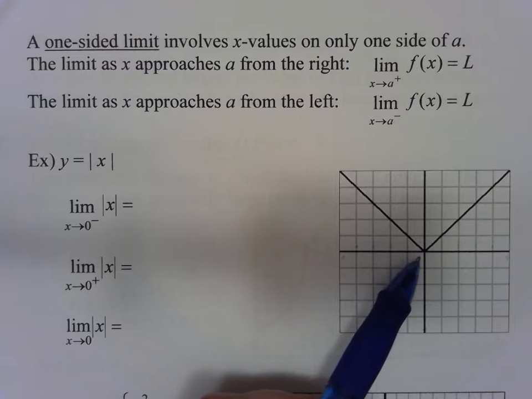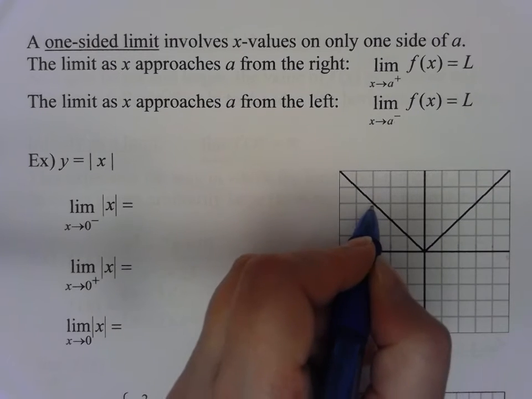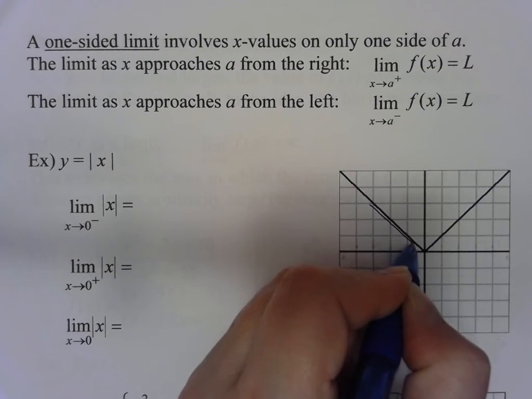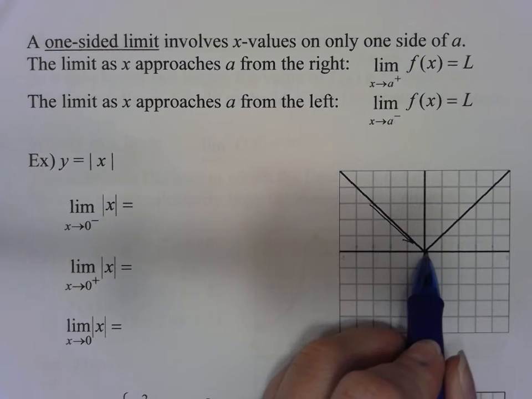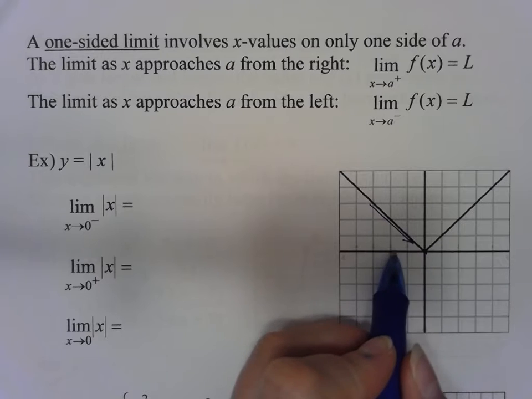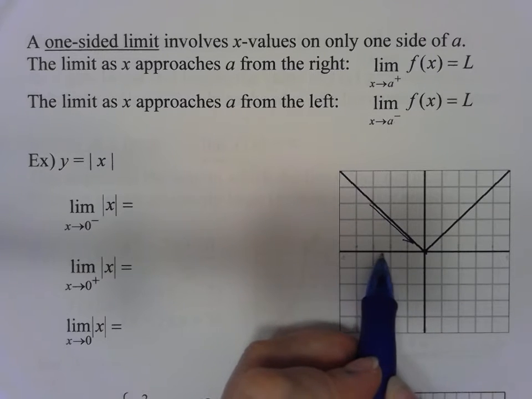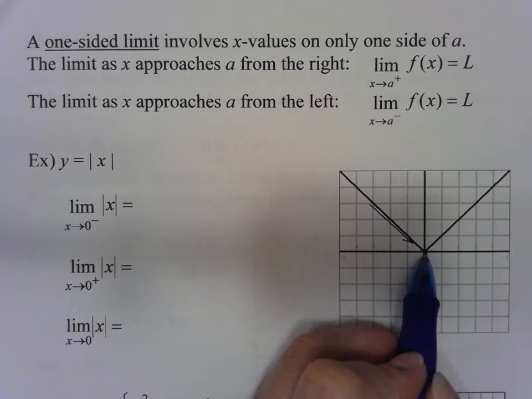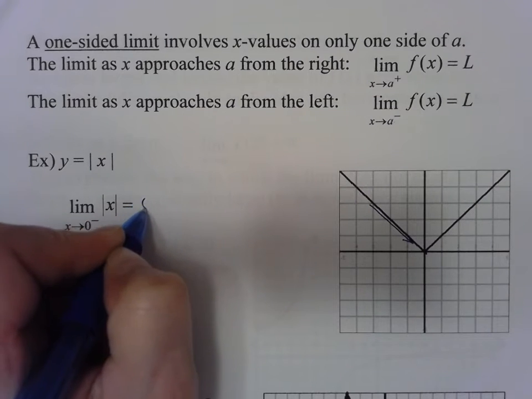What is happening to the y value? Is it approaching a certain number? Yeah, absolutely. It's approaching this point right here in the middle. So the y value is going down as the x value is getting closer to 0. The y value is getting closer to 0 as well.